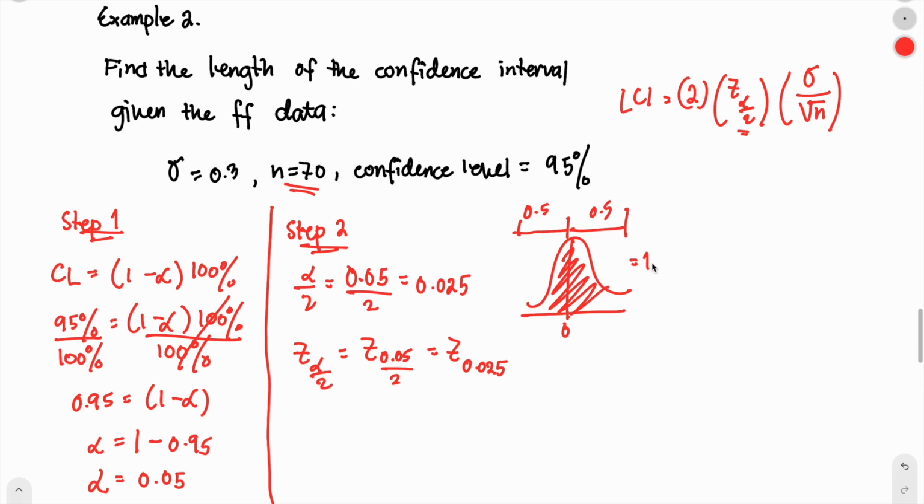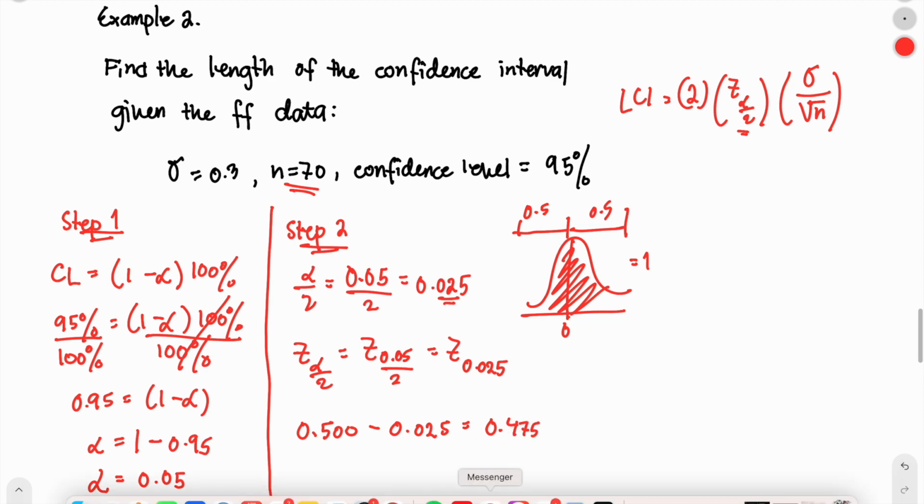If we're using table 1, we should know that we subtract 0.025 from 0.500, which is equal to 0.475.